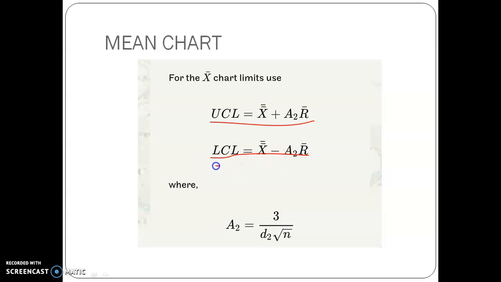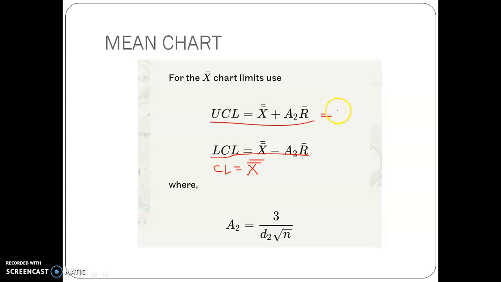In the same video we saw that the control line for the X chart was nothing but X double bar. Now instead of these formulas, an alternative formula for the X chart is also used.